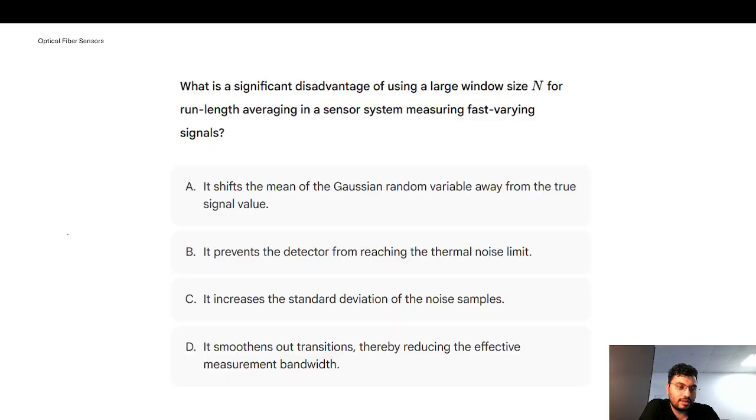Any option you can select. So this time also Janani is correct.